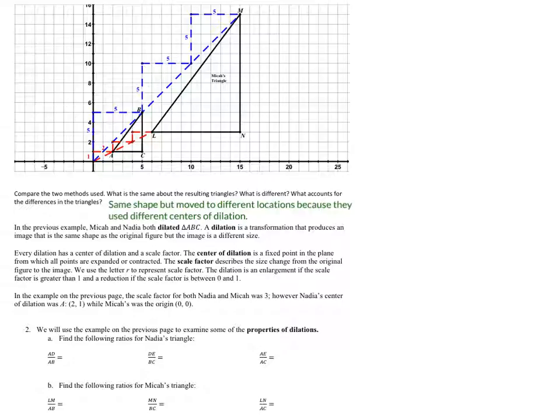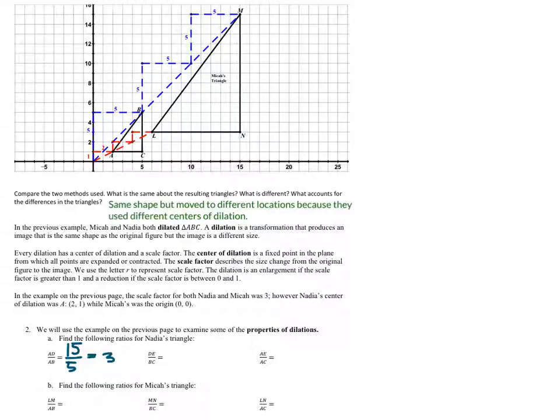So AD, for example, which was, wait, no, AD was 15, divided by AB, which was 5, and this simplifies to 3. DE must have been the up and down one.